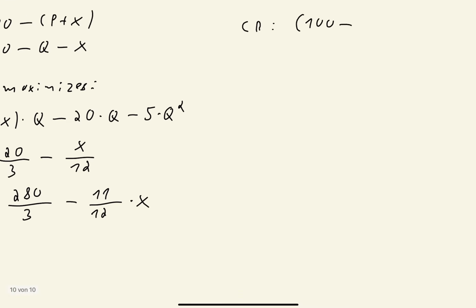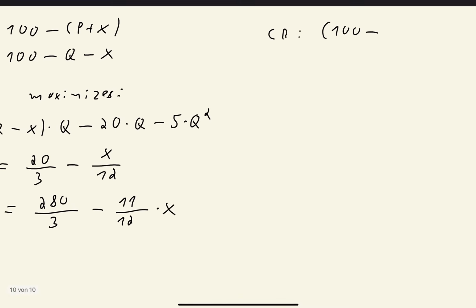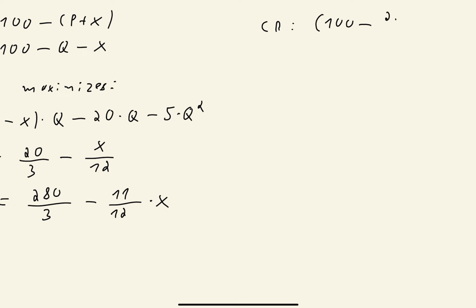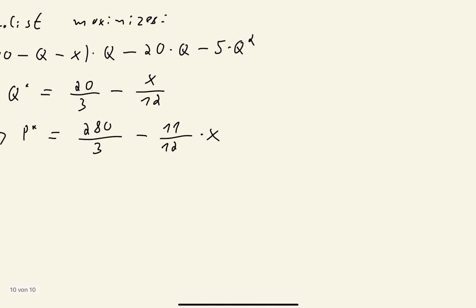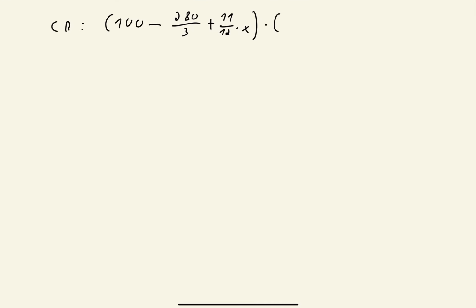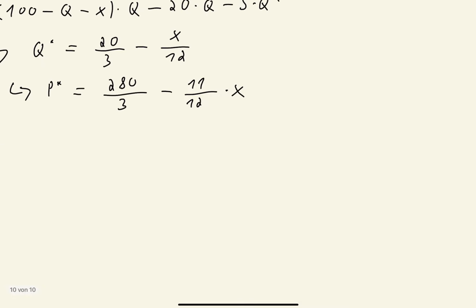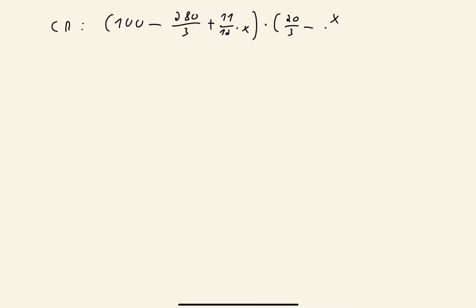So it's 280 divided by 3 plus, because it's minus, 11 divided by 12 times X, times the quantity which is traded. This is 20 divided by 3 minus X divided by 12, and we divide this by 2.